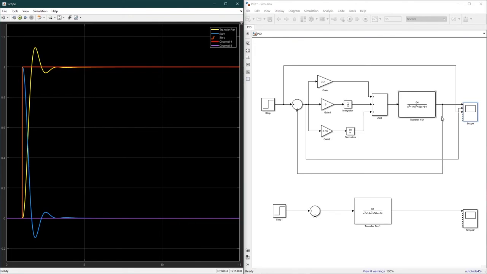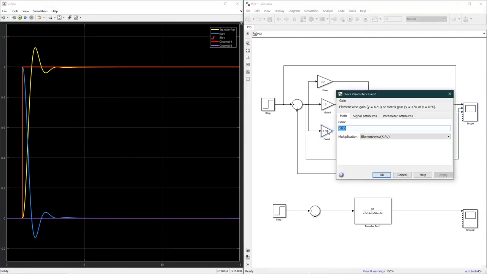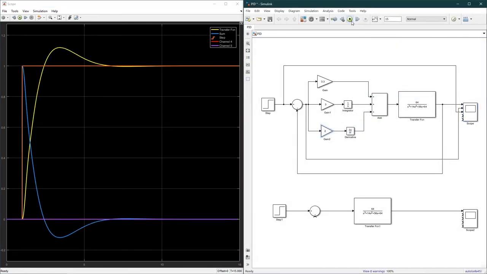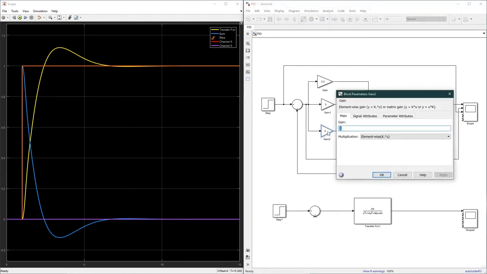Okay, let's see what the response is going to be. This is maybe the best point of the response. Here, increase the D control to 2. The system was slower and overshoot was decreased. Okay, let's adjust some more.